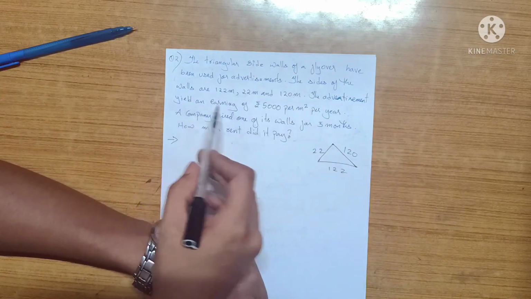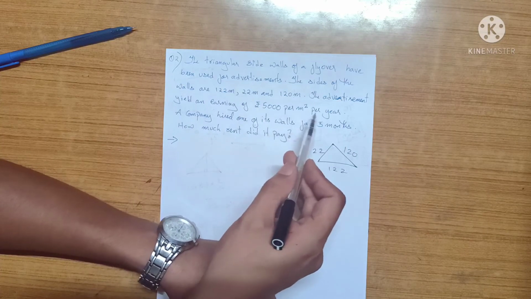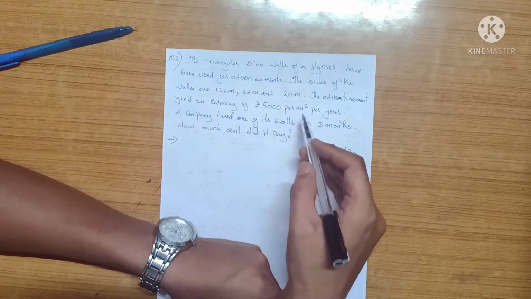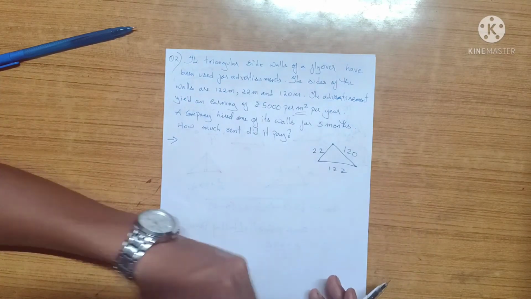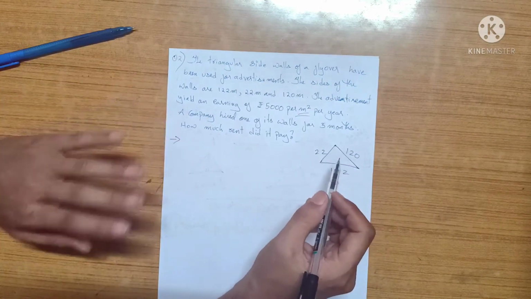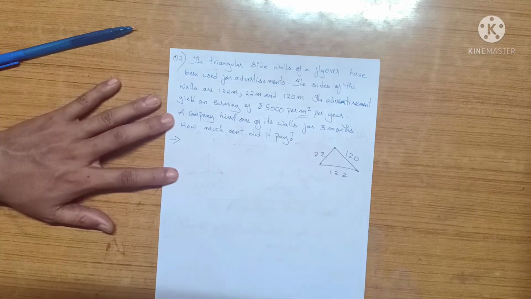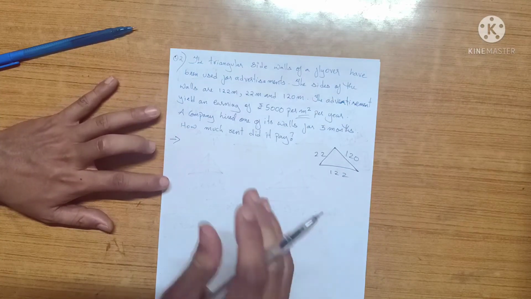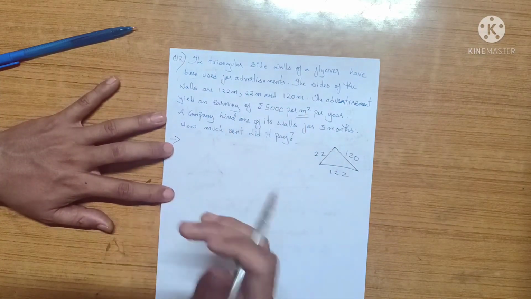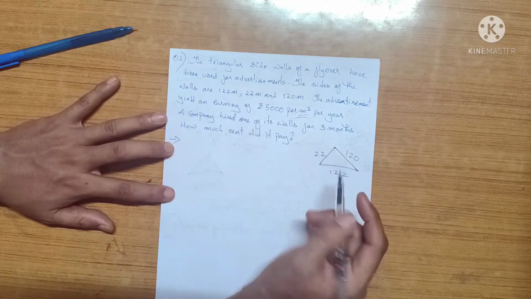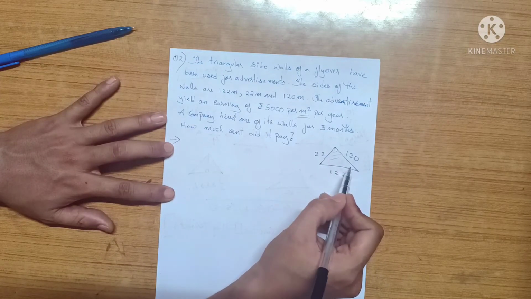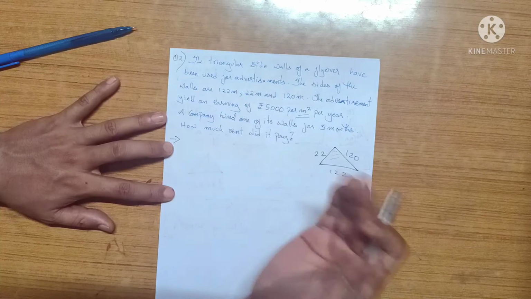The advertisements yield an earning of 5,000 per meter square per year. Meter square means area. A company hired one of the walls for 3 months. How much will it pay? In order to know how much is to be paid, we have to know how many meter square the area is, because they're charging per meter square.